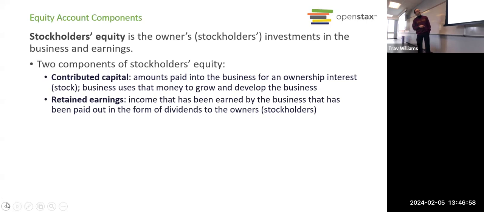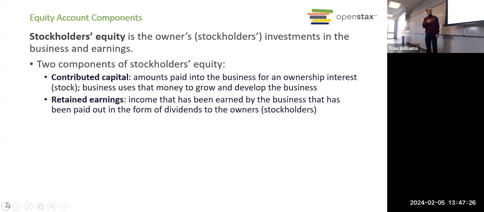All right. Stockholders' equity is actually two things. I think I've mentioned this before. When an investor invests money into a company, that increases the equity. And when the company earns a profit, that also increases the equity. So the part from the investor we call contributed capital, because that is what the investor has contributed into the company.